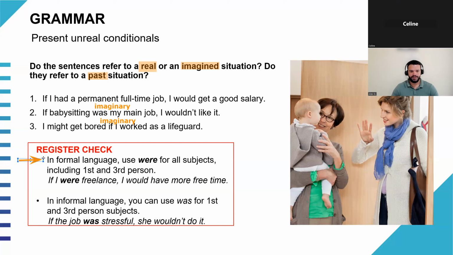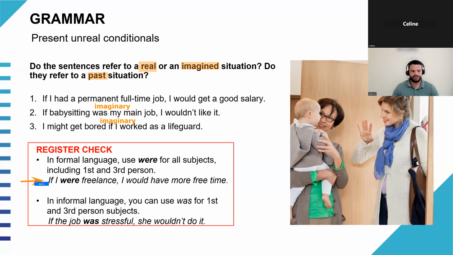And then here you can see the thing. In formal language, we use were for all subjects, including first and third person. Go ahead and read the example here, Celine. If I were freelance, I would have more free time. Exactly, right?